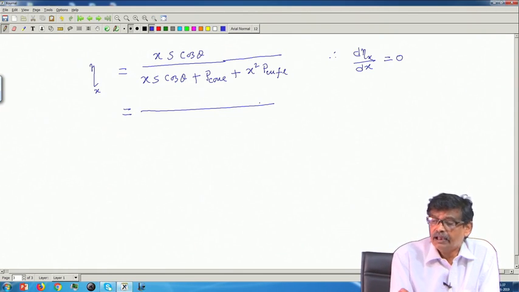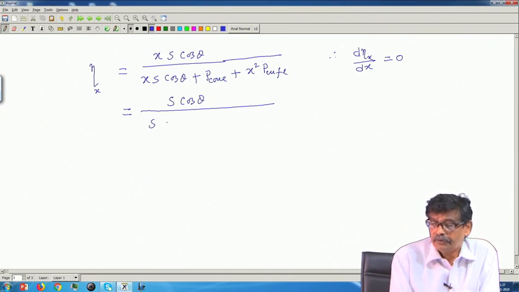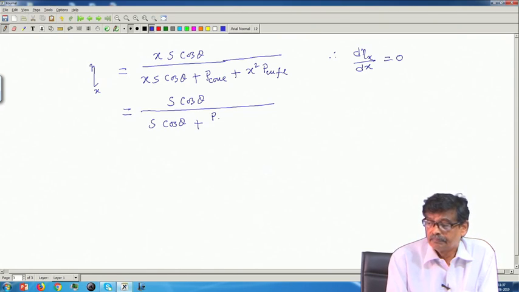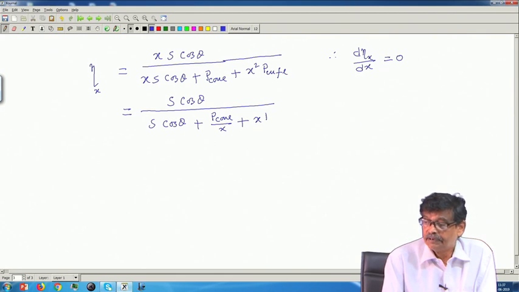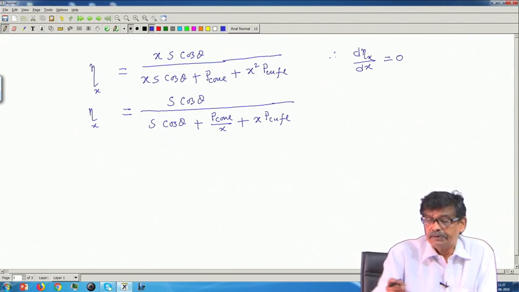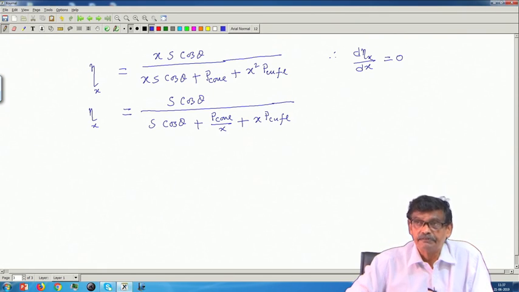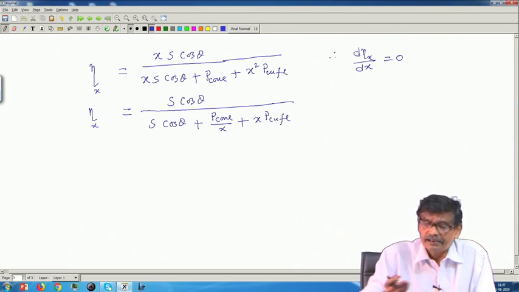What I will do is, I will divide both numerator and denominator by x. So, it will be this plus x PCU full load. This will be the expression eta x. Now, by dividing numerator and denominator by a factor x, the degree of loading which is varying in this case, numerator has become constant.